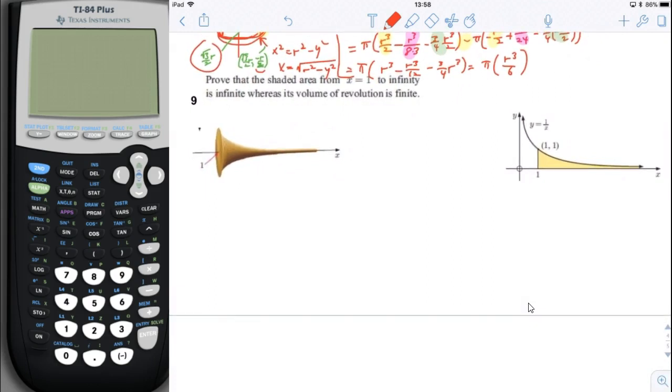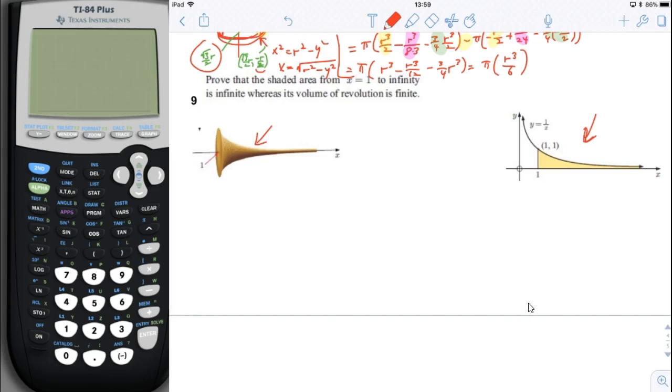Prove that the shaded area from x equals 1 to infinity, this area here, is infinite, whereas its volume of revolution is finite. Okay, so the volume contained by this revolution is finite, but the area in this diagram is infinite.